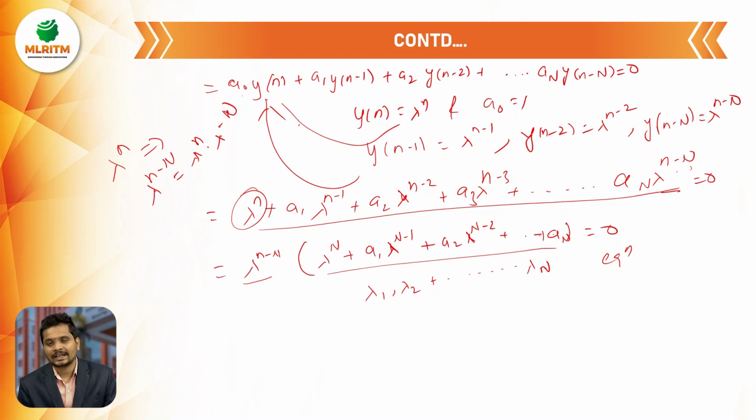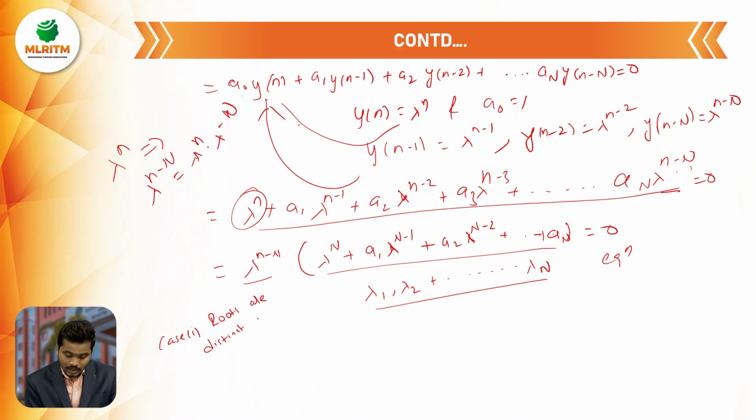For that we have three types of roots. Basically for this type of characteristic equation we have three cases. Case 1: the roots are distinct and real.